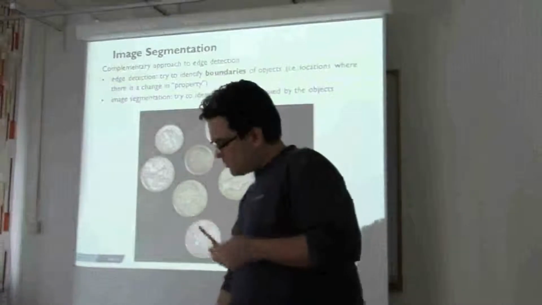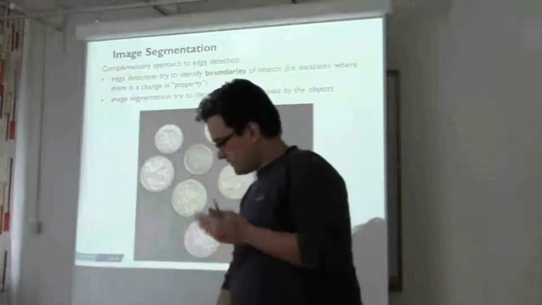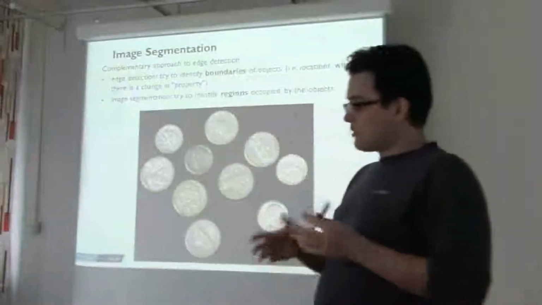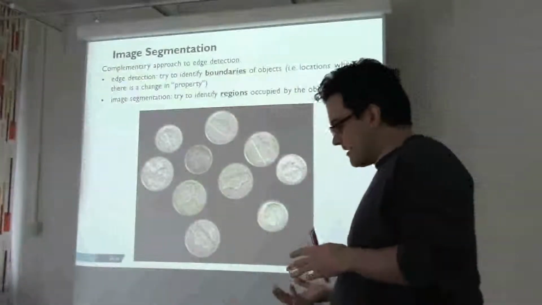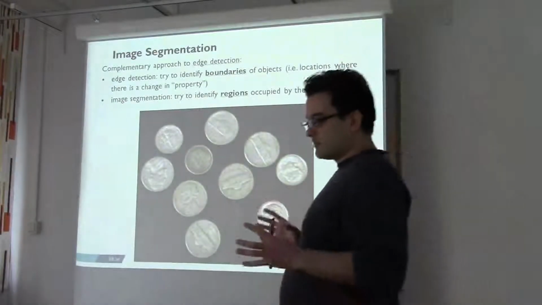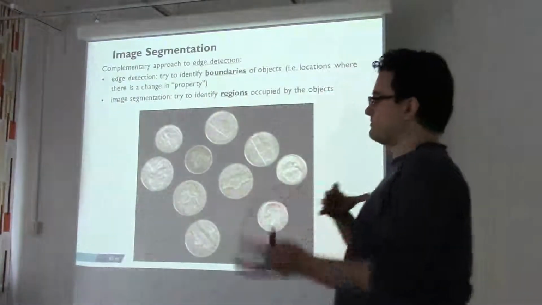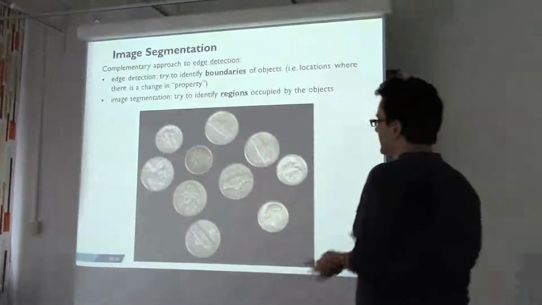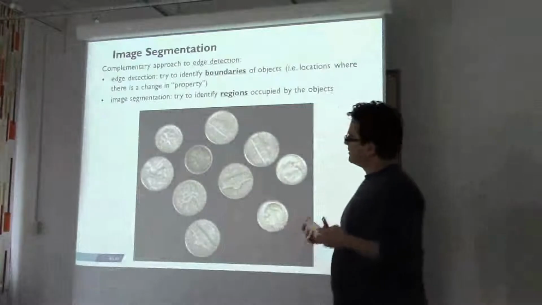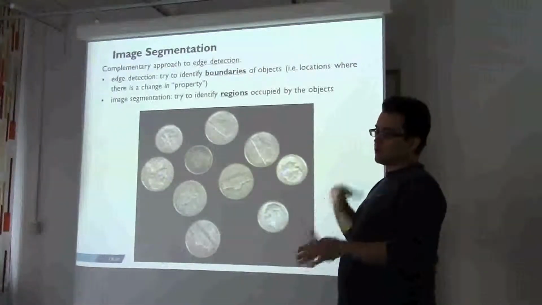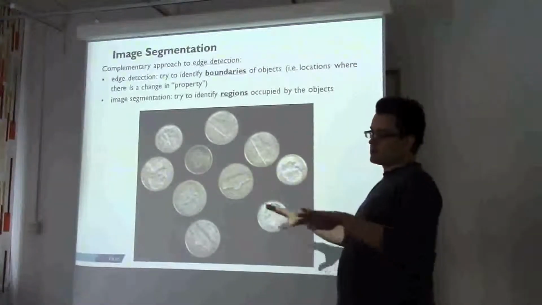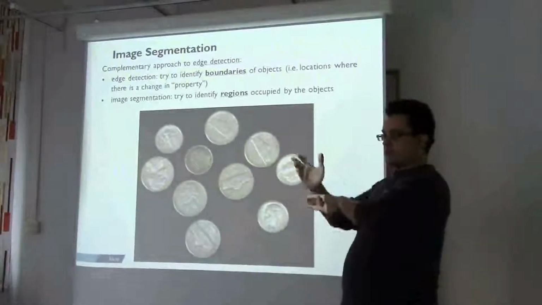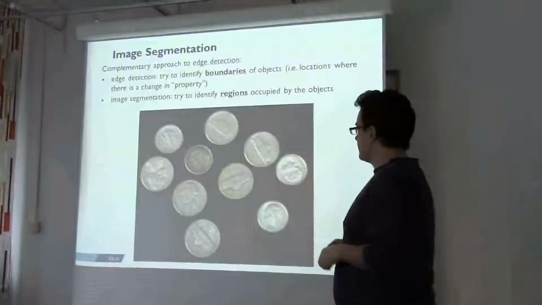And this is in some way complementary to edge detection, but not exactly. In edge detection we try to identify boundaries of the objects, and in segmentation we try to identify the regions of the objects. But they are not completely interchangeable. If you detect edges, you are not detecting only the boundaries of the object, but many other things. Or maybe the objects are close together, so we don't have an edge between the two objects.